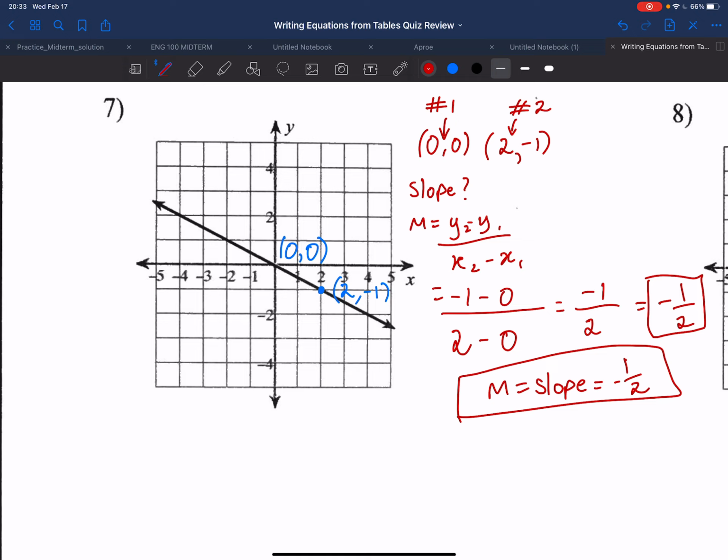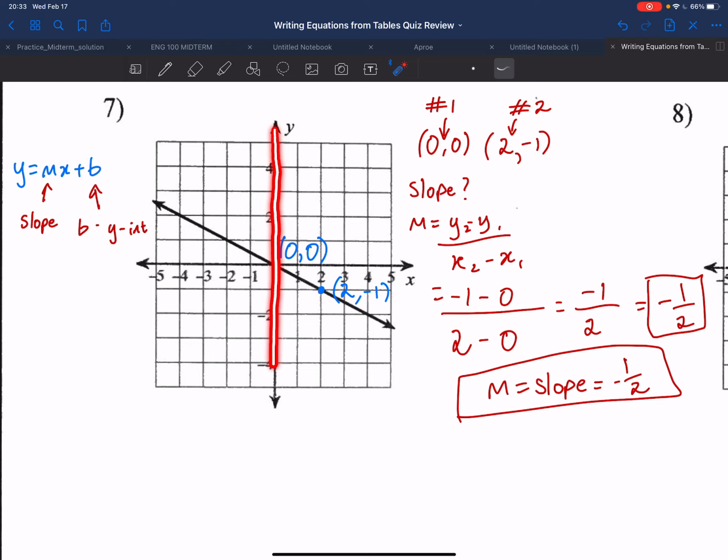What else do we need for this form of the equation again? y equals mx plus b. Yes, we do need a slope. But also, this b is the y-intercept. And again, the y-intercept is where this graph crosses the y-axis, the vertical axis.